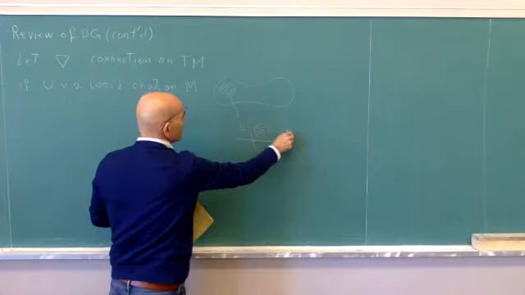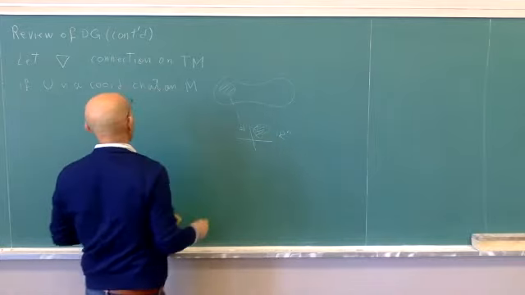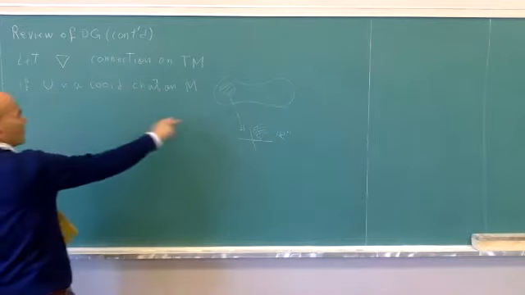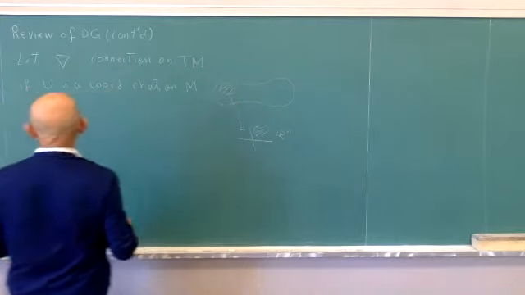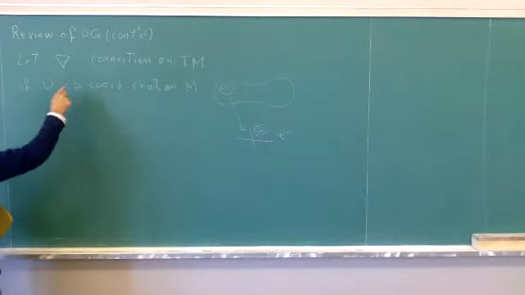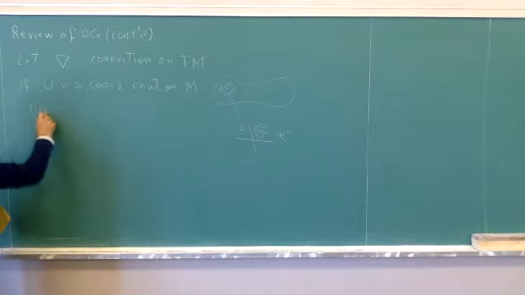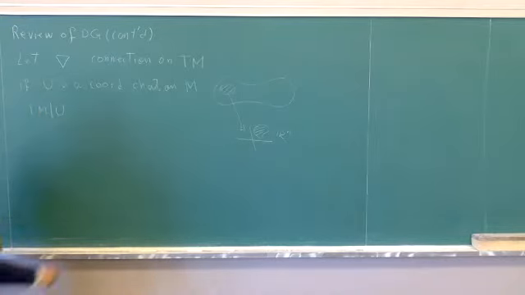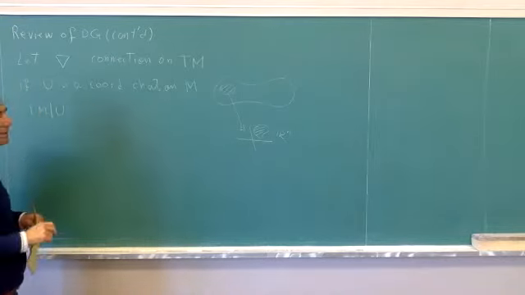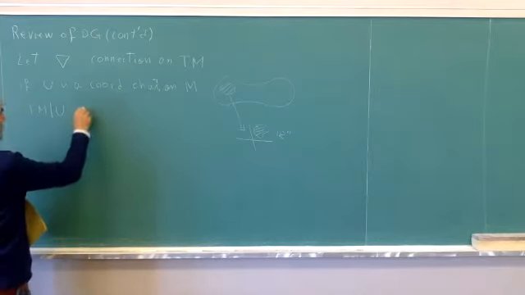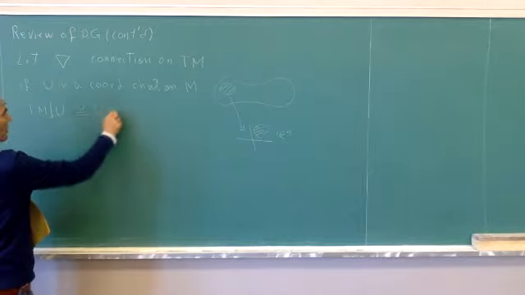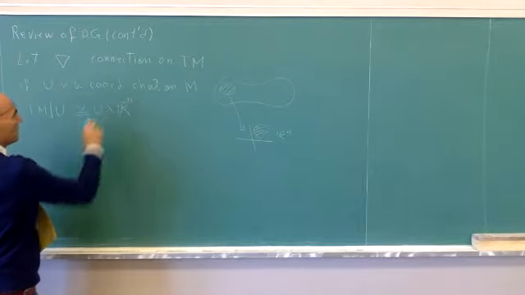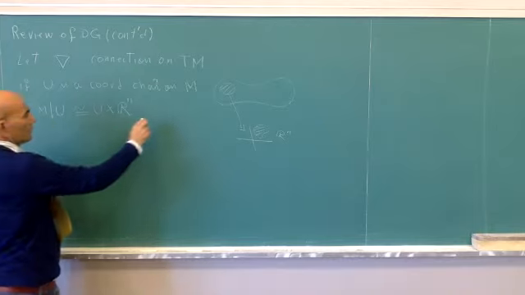This is called the coordinate chart, right? So you base the coordinate chart on your manifold M. Now, if you look at TM over U, so if the manifold, for example, is n-dimensional, then this is isomorphic as a vector bundle to U cross Rn. Right, so this is a vector bundle isomorphism, right?